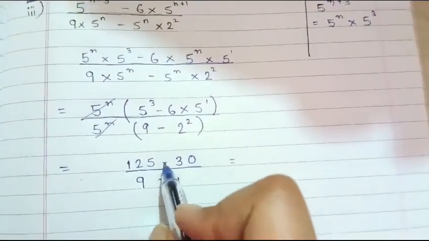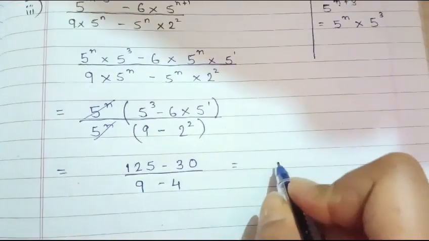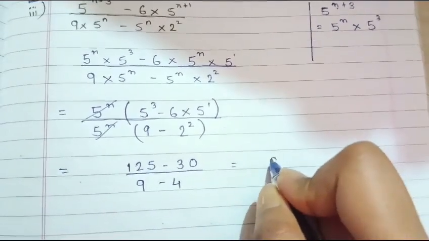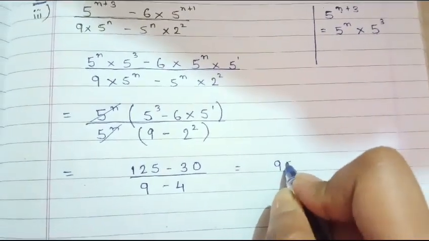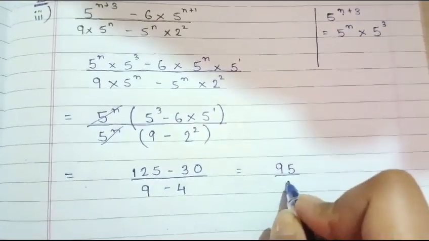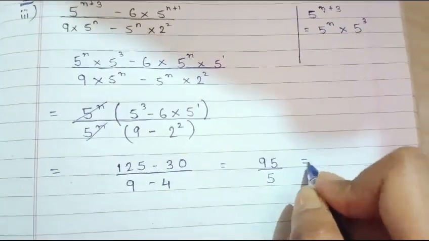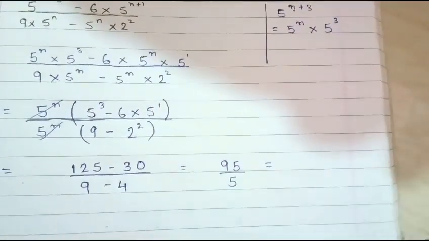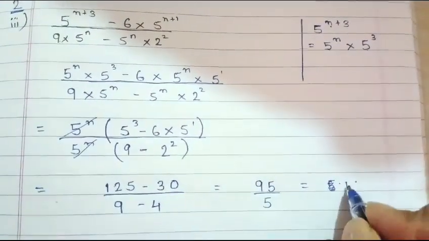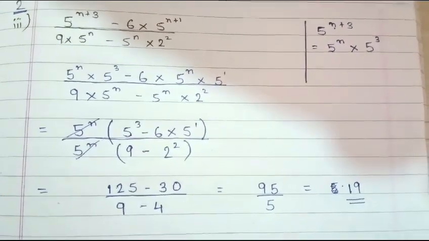Then 125 minus 30, how much are we going to get over here? 95 upon 9 minus 4 is 5. Solve this. 95 divided by 5, right? This value is going to be equal to 19. Okay, so the answer will be 19.